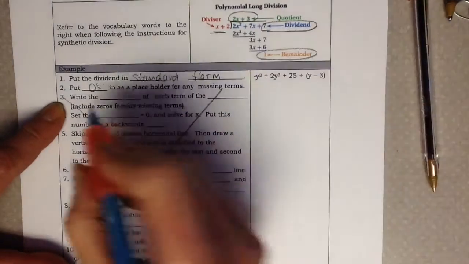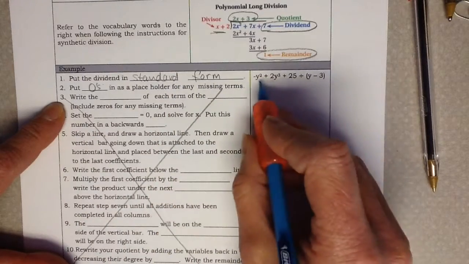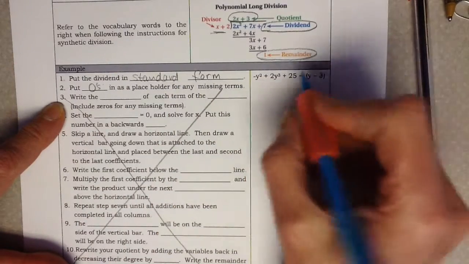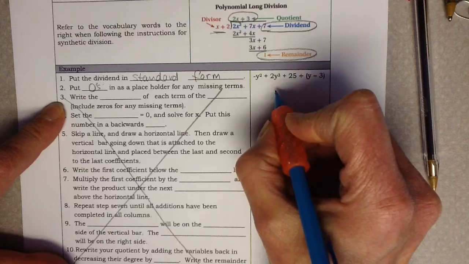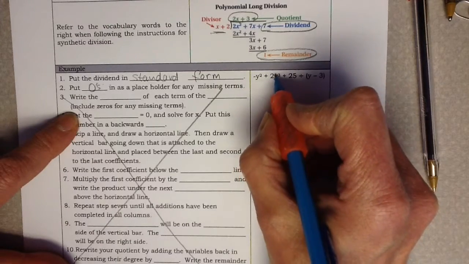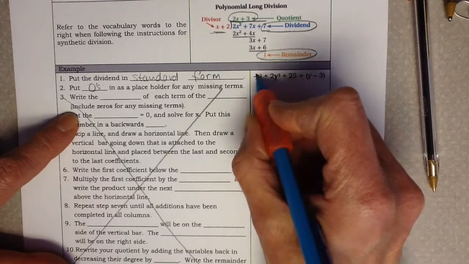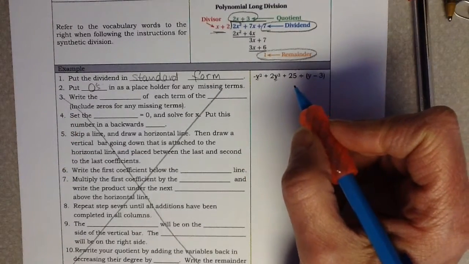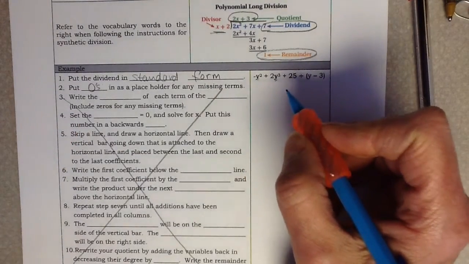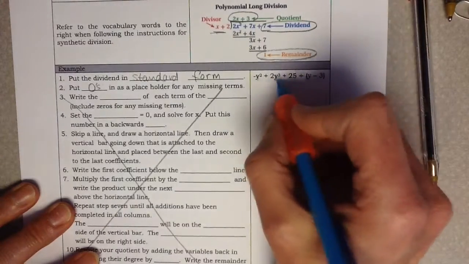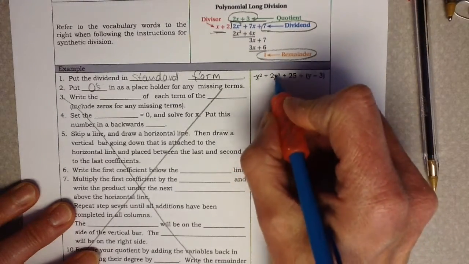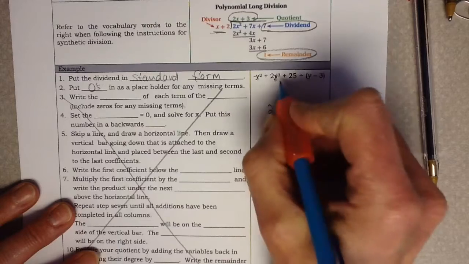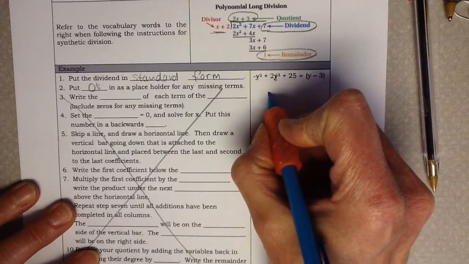So we need to put the dividend in standard form, so that means the highest exponent goes first. As we do this, we're going to take out all of the variables. That's why the exponents are so important, because the location of the number determines what the exponent on the variable is. We have 2y cubed, so we're just going to write 2. I'm going to write the degrees up here. This is degree 3.